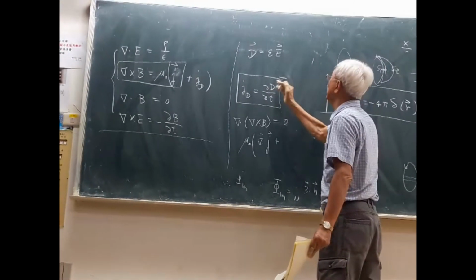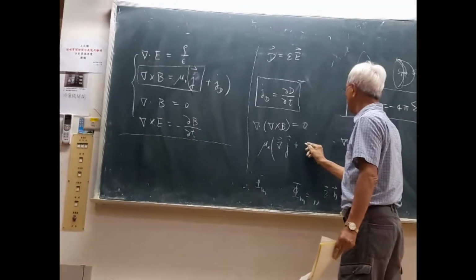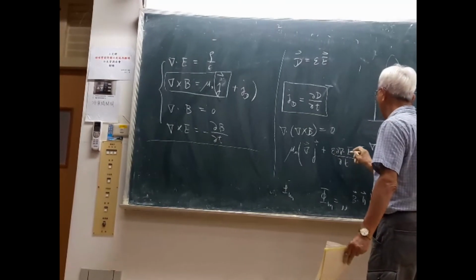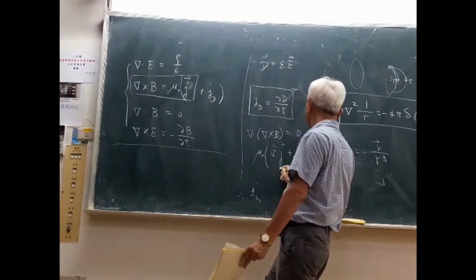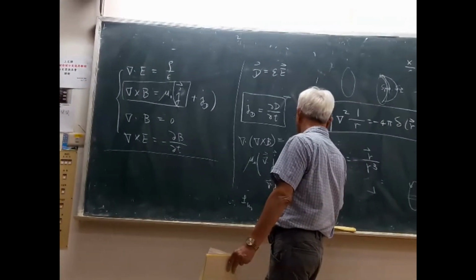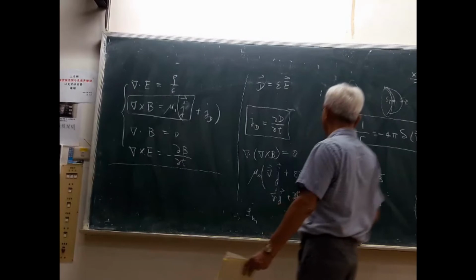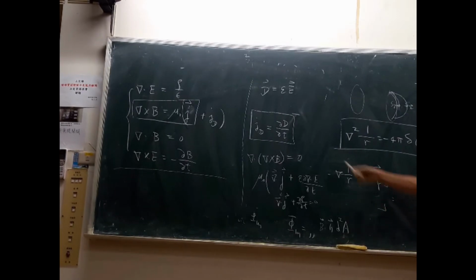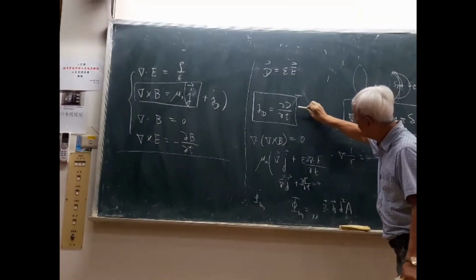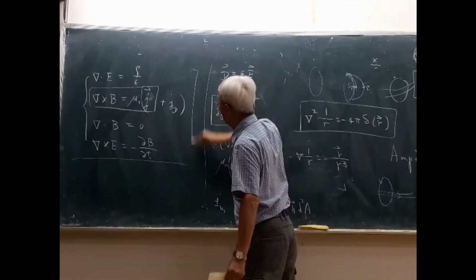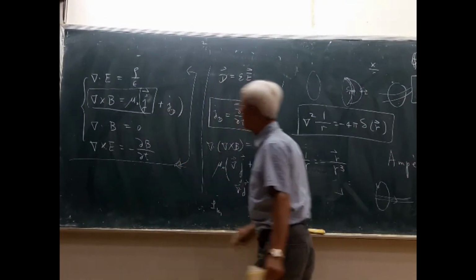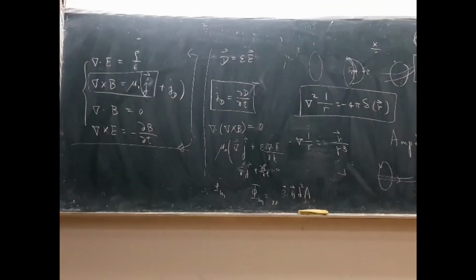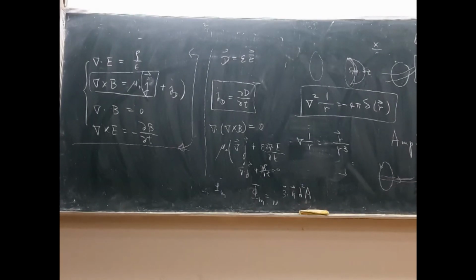Divergence of JD is divergence of partial D partial t, which is partial rho partial t. So that becomes divergence J plus partial rho partial t equal to 0, which is actually the conservation of charge. In this way, the equations become self-consistent.